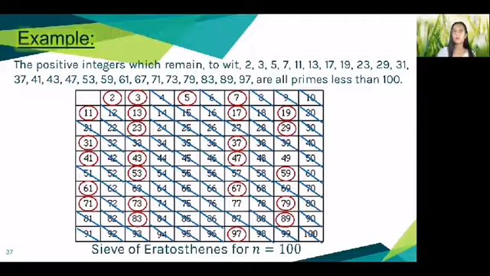The positive integers which remain are 2, 3, 5, 7, 11, 13, 17, 19, 23, 29, 31, 37, 41, 43, 47, 53, 59, 61, 67, 71, 73, 79, 83, 89, and 97, which are all the primes less than 100. Did you understand the method?